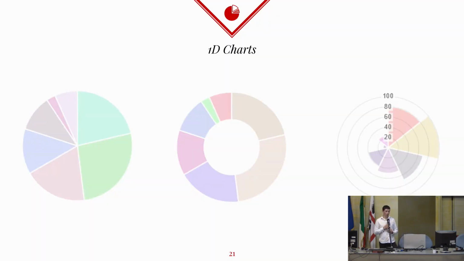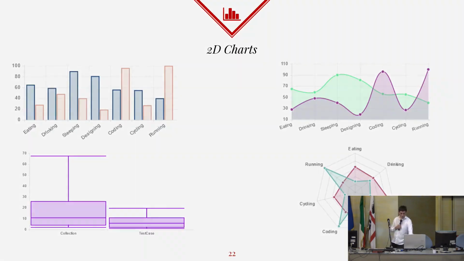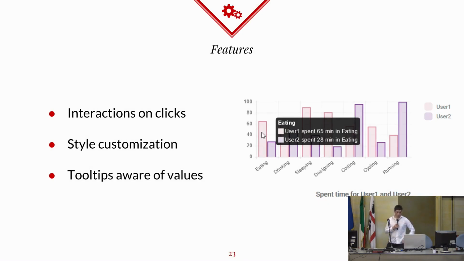So you can have different kinds of charts, like one-dimension charts with a pie, a donut, or a kebab. You can also have two-dimension charts with a box plot or lines, etc. And we needed to get the features we had in the Faro interface.